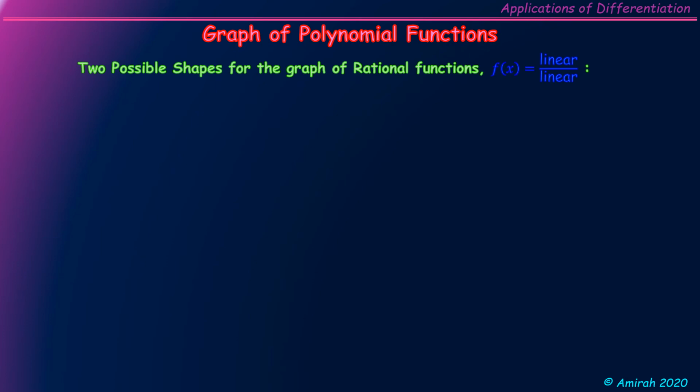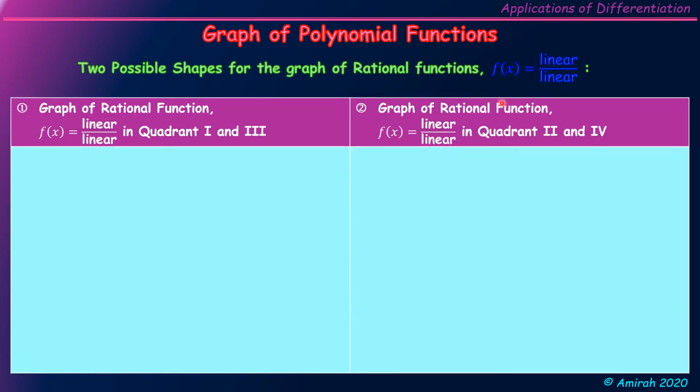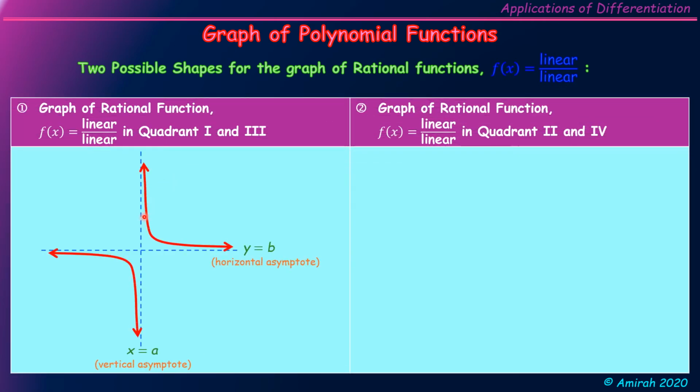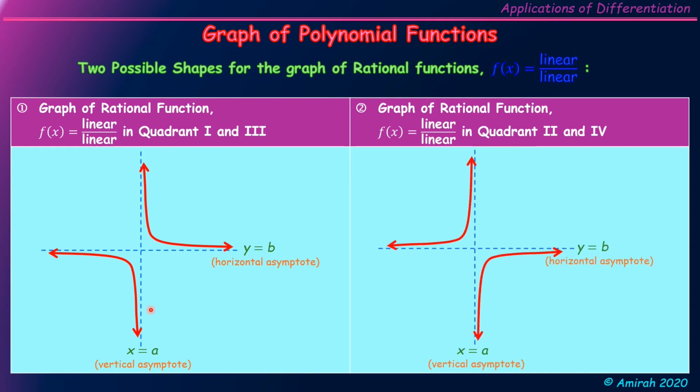There are two possible shapes for the graph of the rational function f(x) equals linear over linear. First, the graph of f(x) equals linear over linear in quadrant 1 and quadrant 3. And second, the graph in quadrant 2 and quadrant 4.